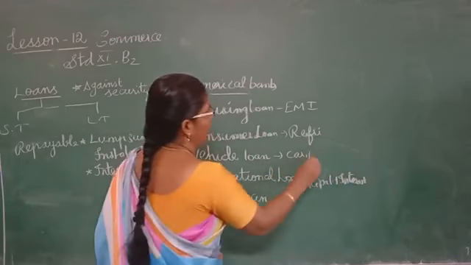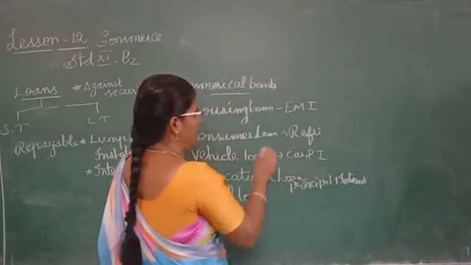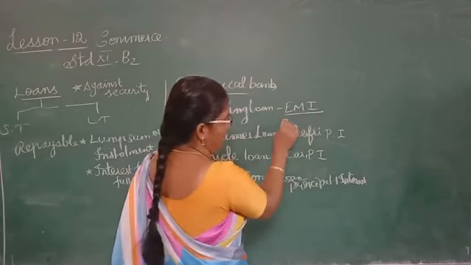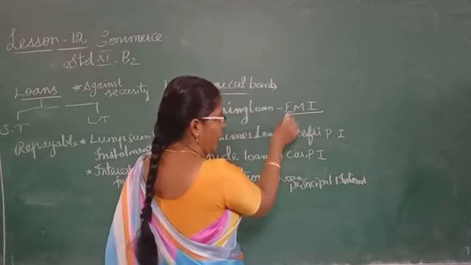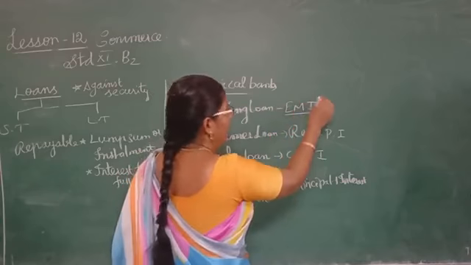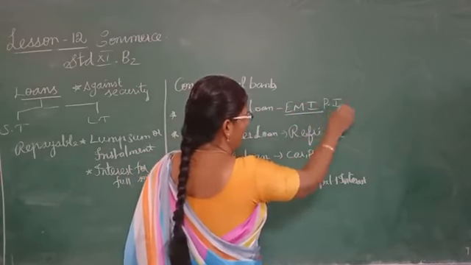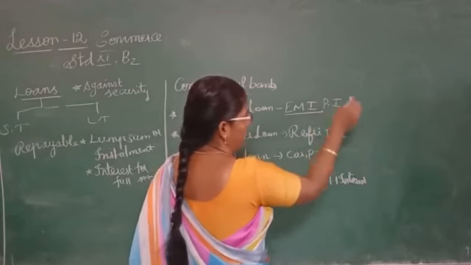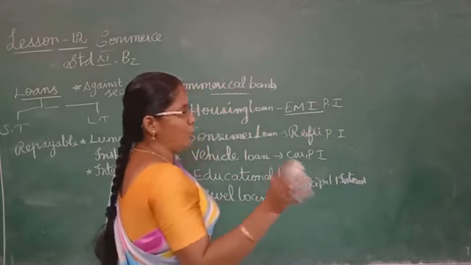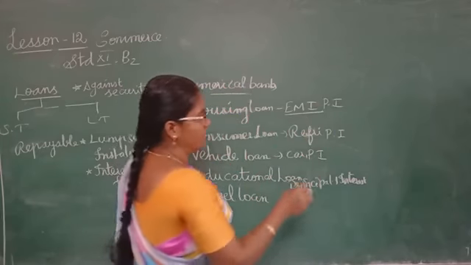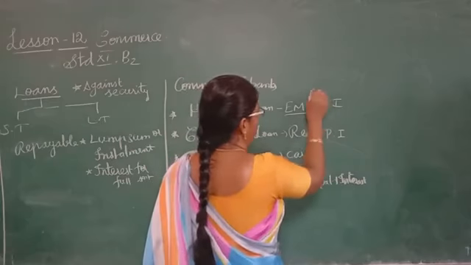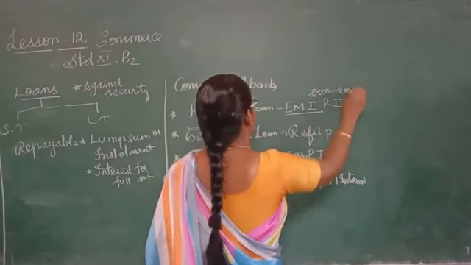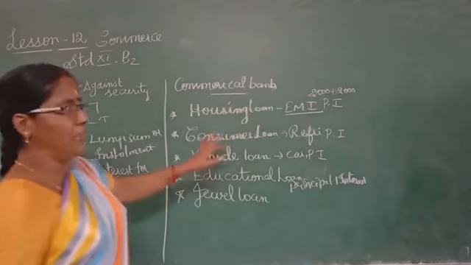Here also principal with interest. EMI scheme means principal with equated monthly installment. For example, you are getting a loan of 3 lakhs or 4 lakhs, for monthly 4,000 rupees, 2,000 for principal and 2,000 for interest. So this is a very easy scheme for you.